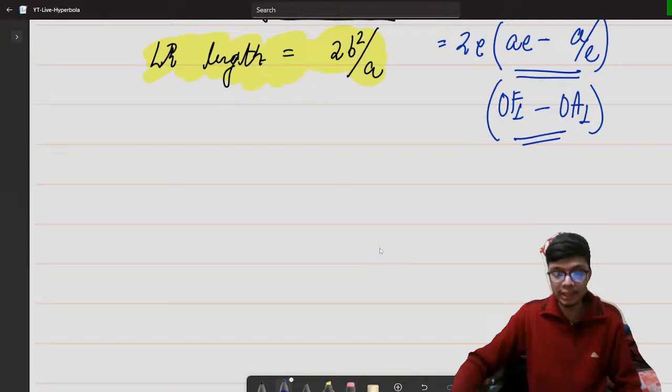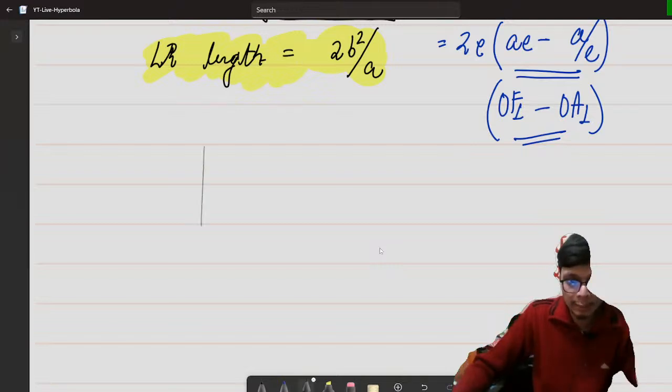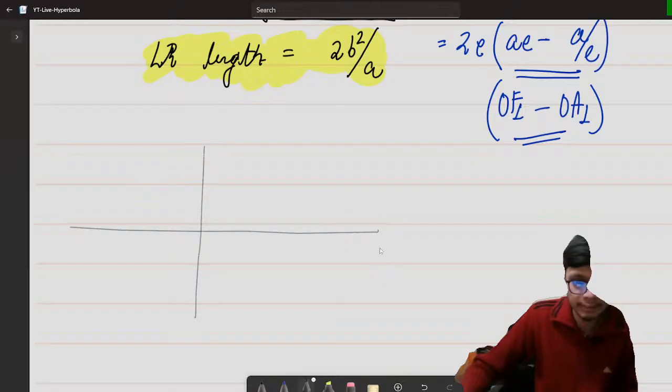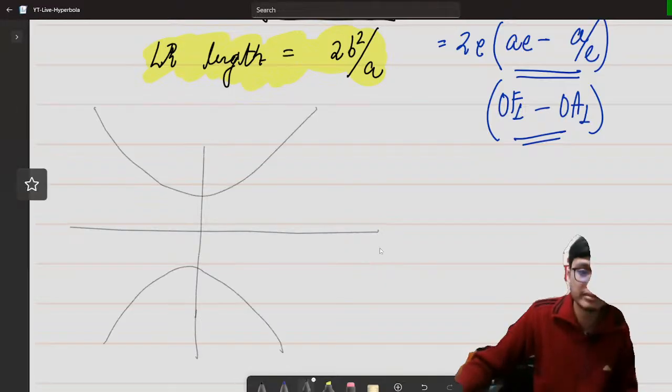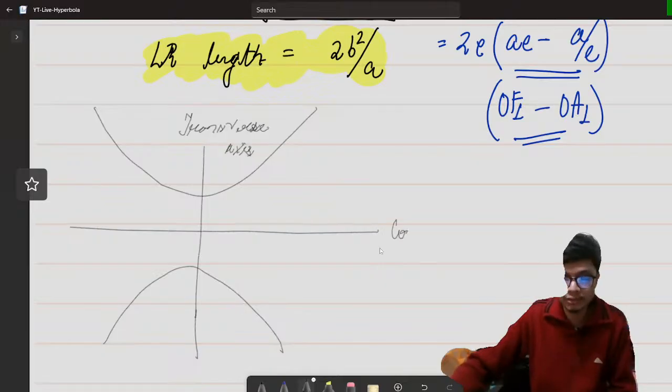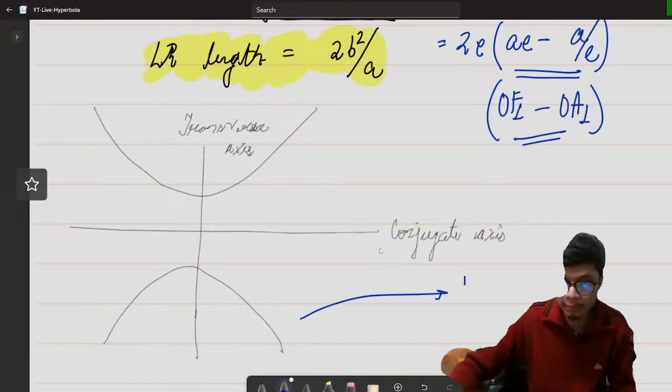If I have to define a hyperbola something like this, where my y-axis becomes the transverse axis and my x-axis becomes the conjugate axis, then this kind of hyperbola we call a conjugate hyperbola.